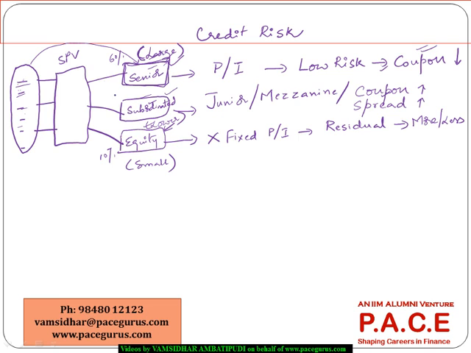Probably this could be around 30%. If this forms 60, this might be 30, and this might be 10%. So that is one way to look at the capital structure dimension. And at the same time, when we are talking about this entire credit risk management episode, what we are able to see is this group is completely protected from any kind of defaults.